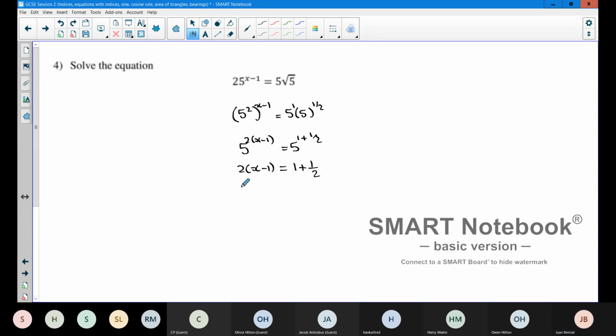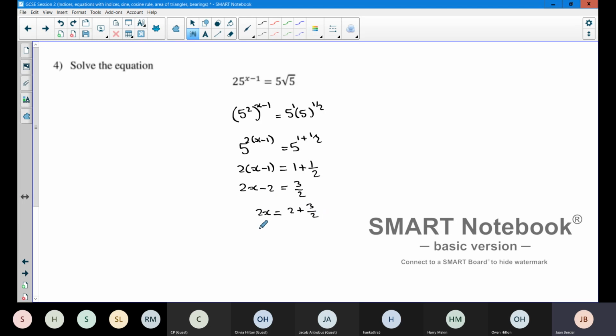So we've got 2x minus 2 is equal to 3/2. So 2x is equal to 2 plus 3/2.